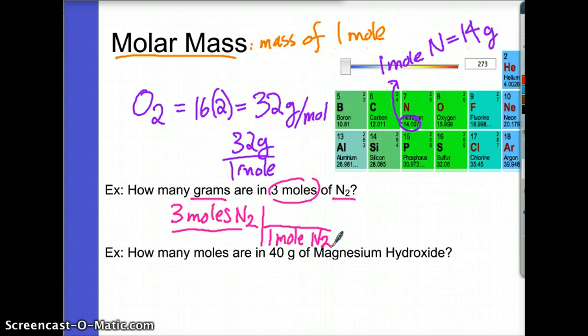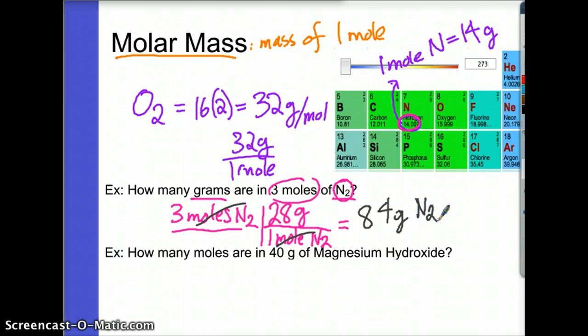Well, I got to check the periodic table. Nitrogen, we said, has a molar mass of 14. But we have 2 atoms of nitrogen here. So 2 times 14 is going to give me a mass of 28 grams. So if I do the math here, my moles cancel. 3 times 28 is going to give me a final answer of 84 grams of N2.